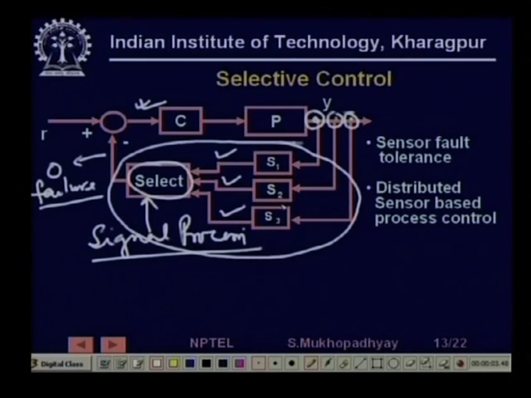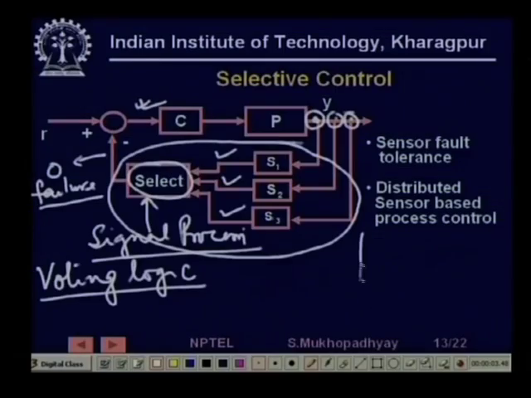So, what people often do is that they take S1, S2, they put 3 sensors to sense the same variable, and then they put a voting logic. That is, if all 3 of the sensors are working normally, they have not failed, then their readings are going to be very close. If any one of the sensor readings goes significantly away, so 2 of the sensor readings are here while the third one is here, it means that the third one could be faulty.